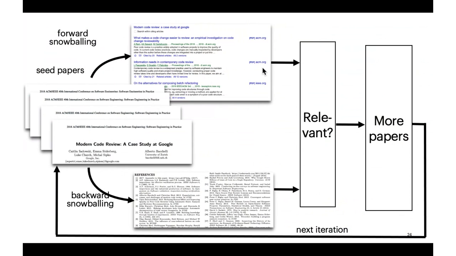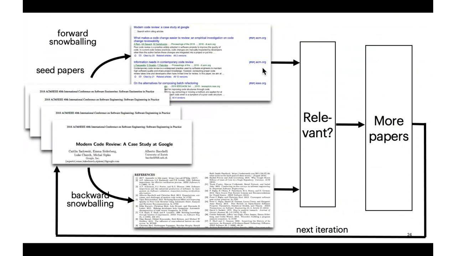A complementary method would be forward snowballing. Tools such as Google Scholar allow us not only to check which papers have been cited in a given paper, but also which papers cite the given paper. So on the upper part of the slide, you see a series of papers which cited the paper about modern code review.